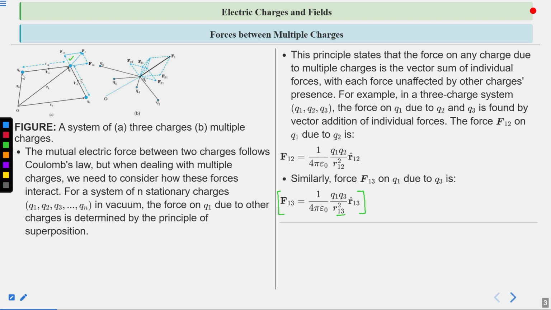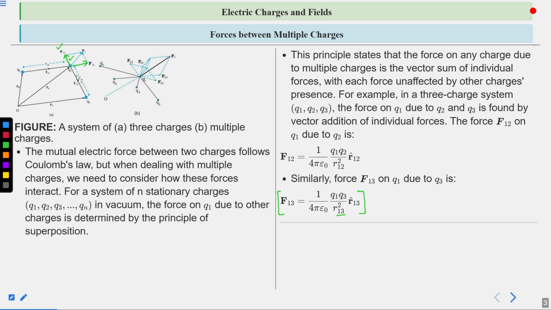If Q1 and Q2 are both positive charges, meaning like charges, the direction is away, on the right side. And the force on charge Q1 due to charge Q3 is F13, and the direction is also away, because Q1 and Q3 are positive, so the direction is outward. This is the direction of force F13, and this is the direction of force F12.